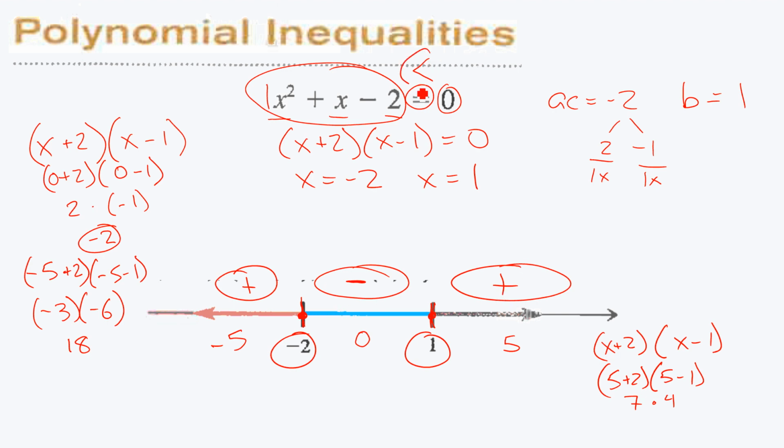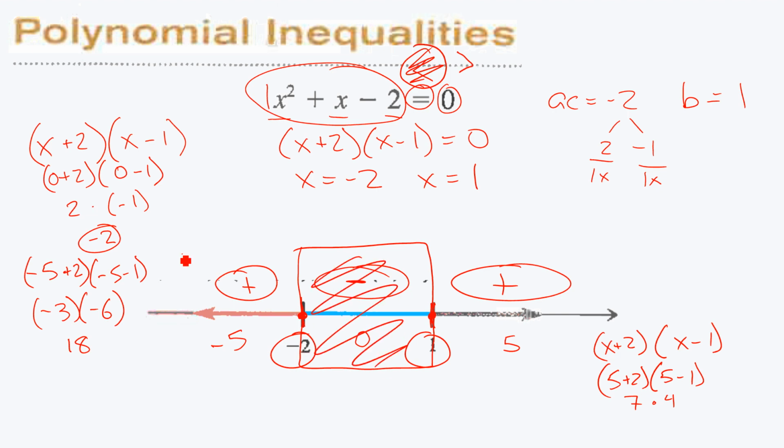Okay, if the problem said we wanted it to be less than 0, we want our answer to be negative. So if the inequality was a less than, we would only want this region. If we flipped it around and said we wanted it to be greater than 0, we would want the positive. So we would not want this region, we would want just these regions.